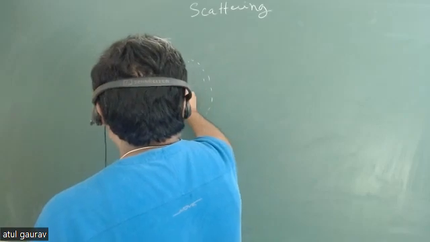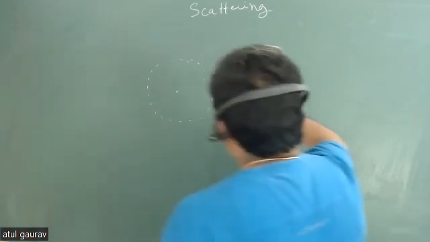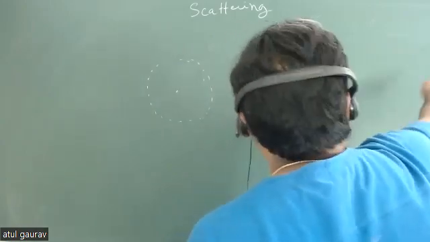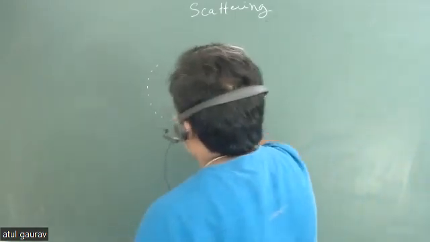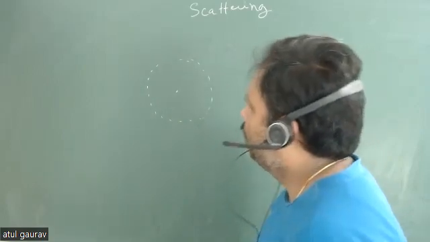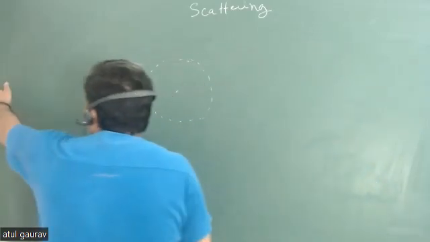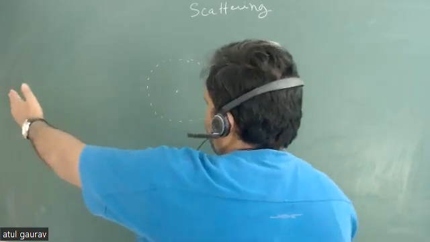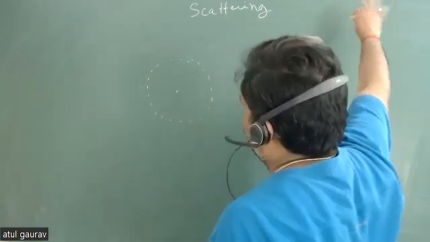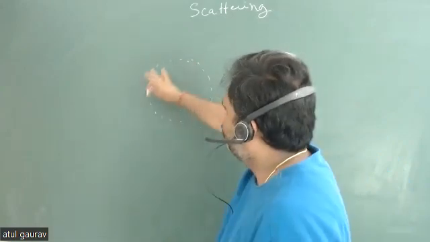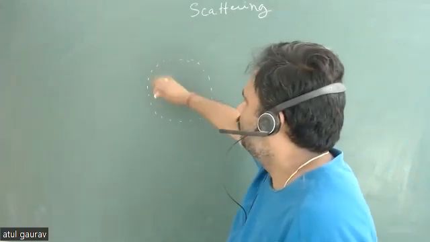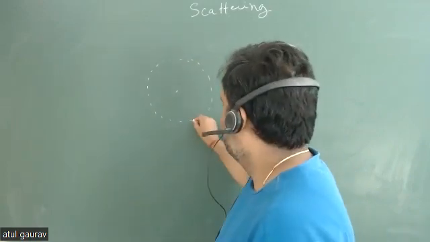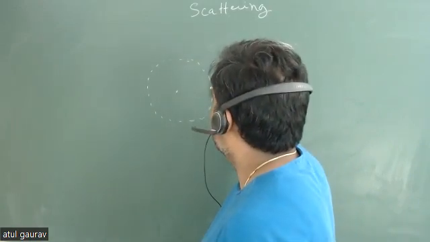In general, you will assume that the potential decreases at plus infinity and minus infinity. What is the meaning of that? Your particle will be free in this region at very high values of r, and also free in that region, and the only influence is in this particular region. So we can assume this is the region of influence of this particular potential.